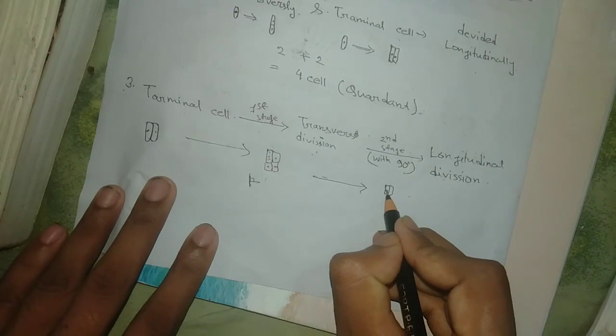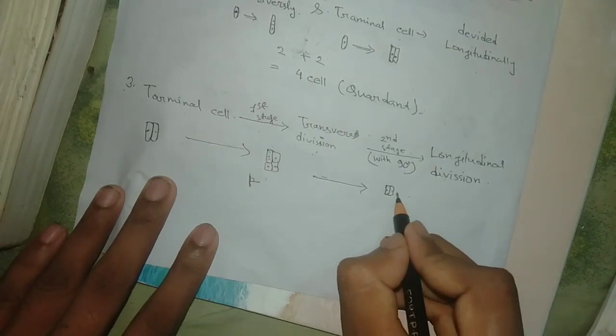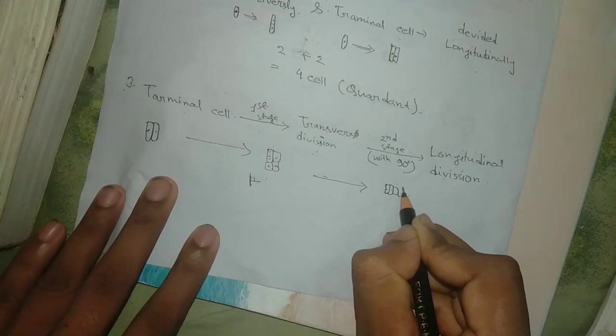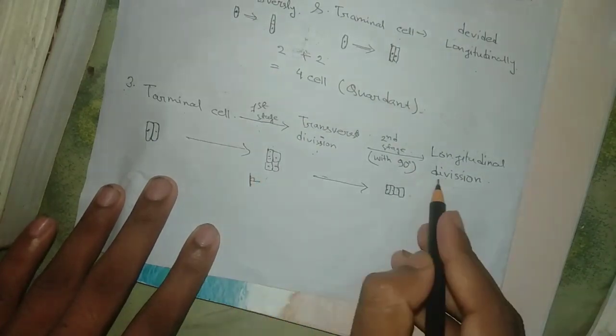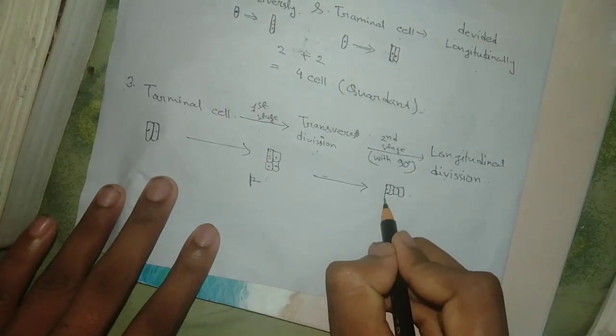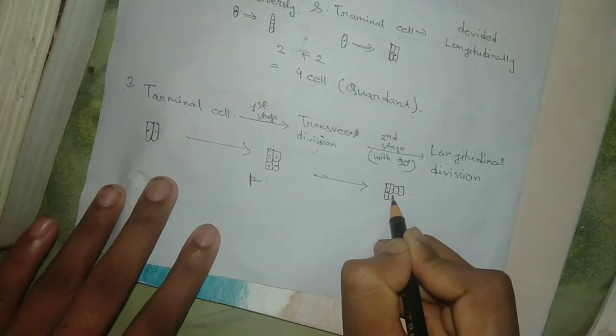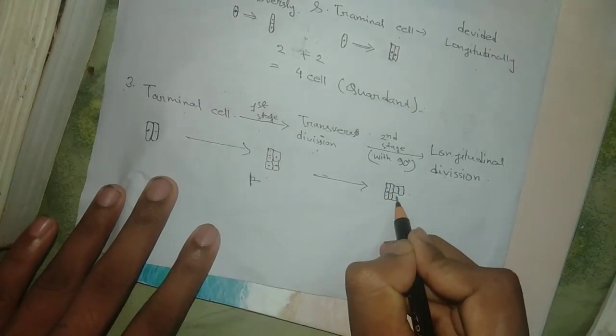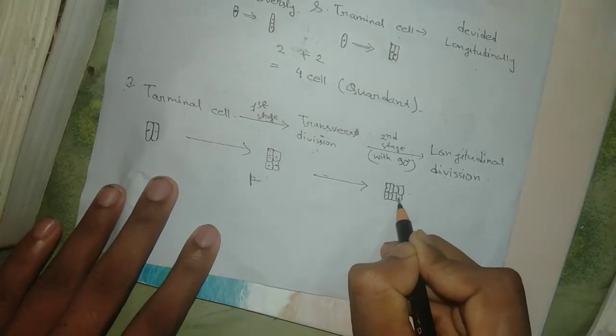Second, same, one and two. Third, one, two. Fourth, one, two.